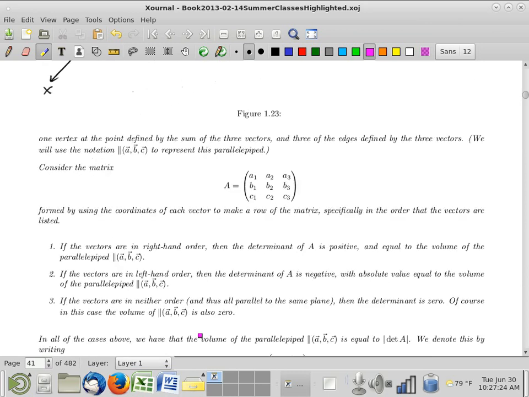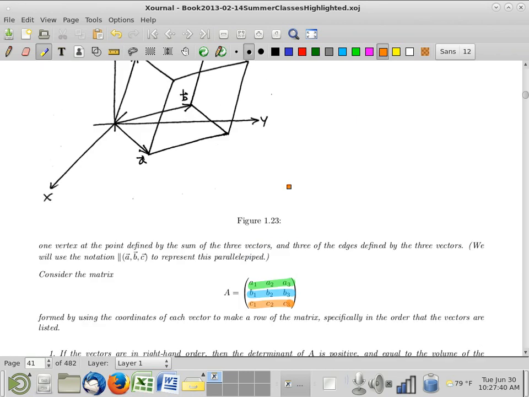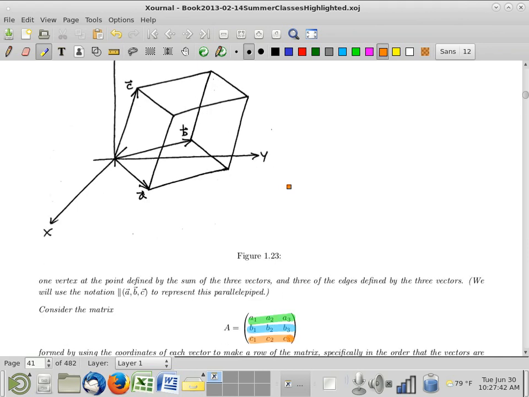So suppose I have three vectors, A, B, orange, C. So three vectors. Those three vectors define, not a parallelogram, but a parallelepiped, we call it.